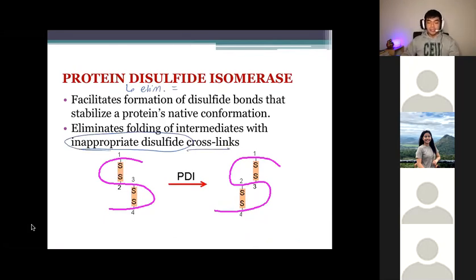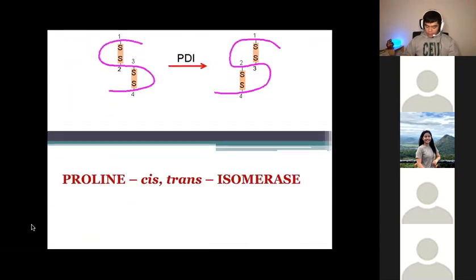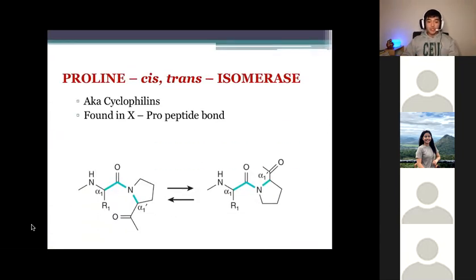So with that being said, nakafocus ang protein disulfide isomerase sa mga residues na may disulfide linkages. Ano ba yung may mga disulfide linkages? Yung cysteine residues. Ay yung mga polypeptides na may cysteine residues. Because it is the one responsible for disulfide bond formation.